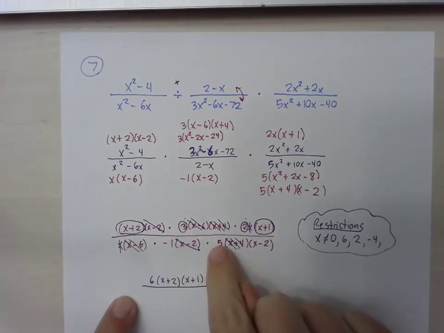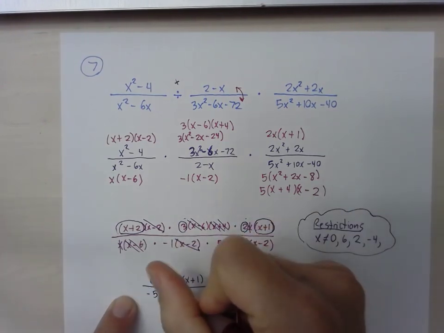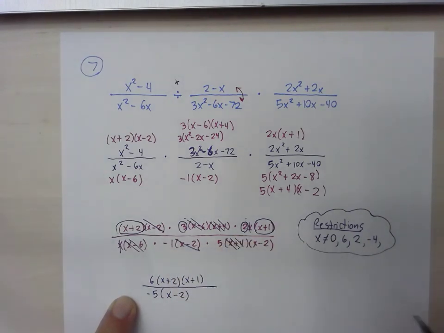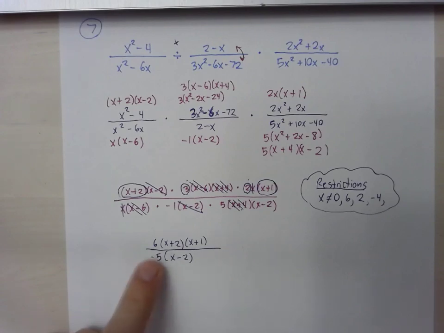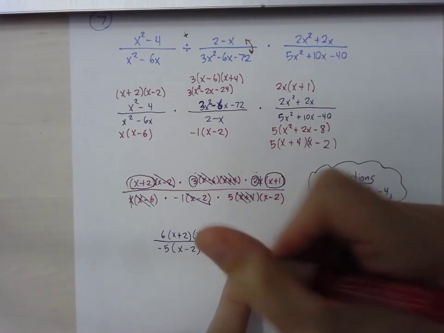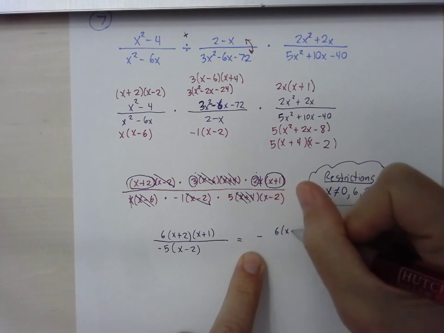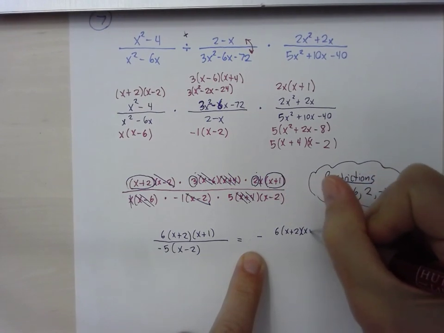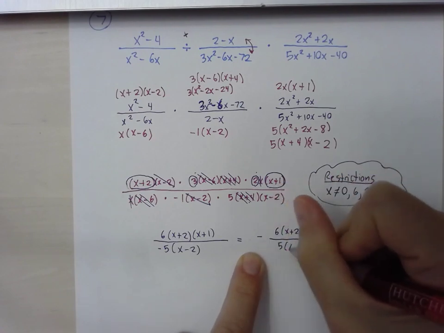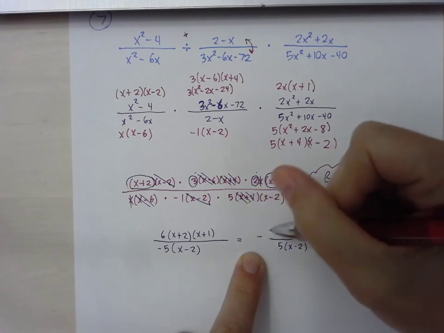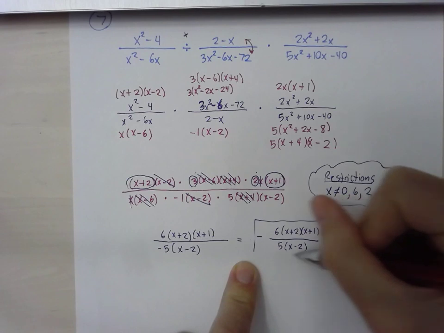So that's -1 times 5, -5, and x minus 2. And that's okay to write. We tend to not want to put negatives on the denominator. So if you have one negative hanging out, best place to put it is right on the outside. Second best place to put it would be up at the top number there, but that's kind of what you want to do on that problem.